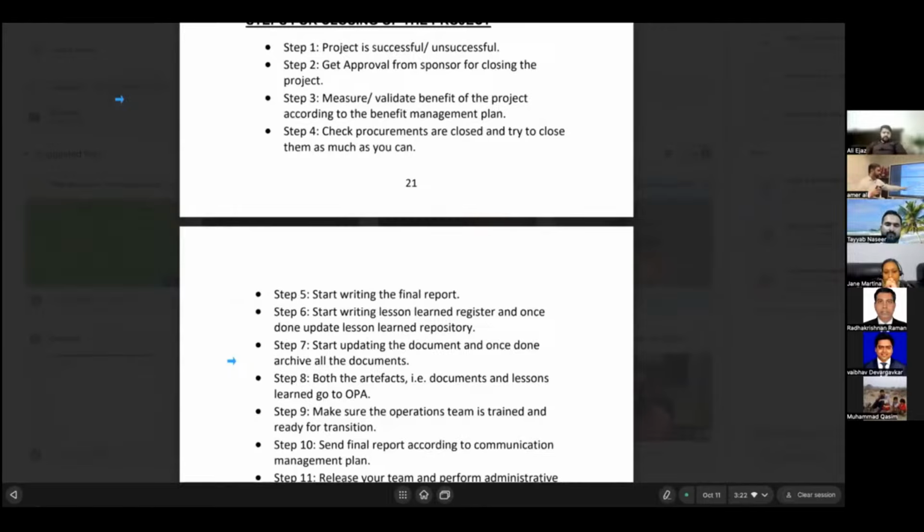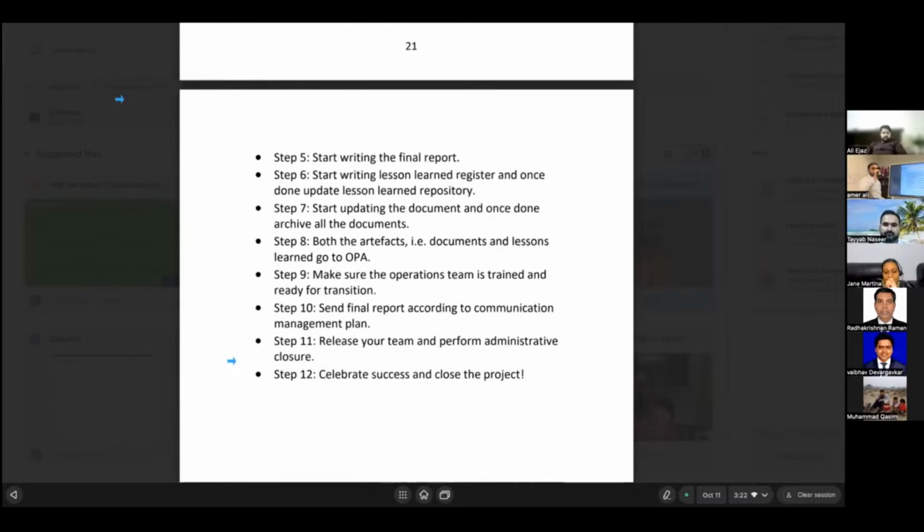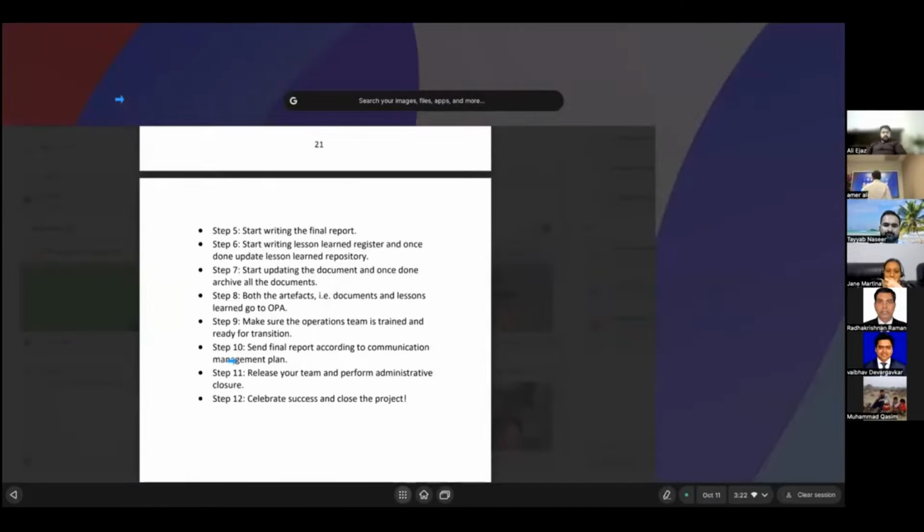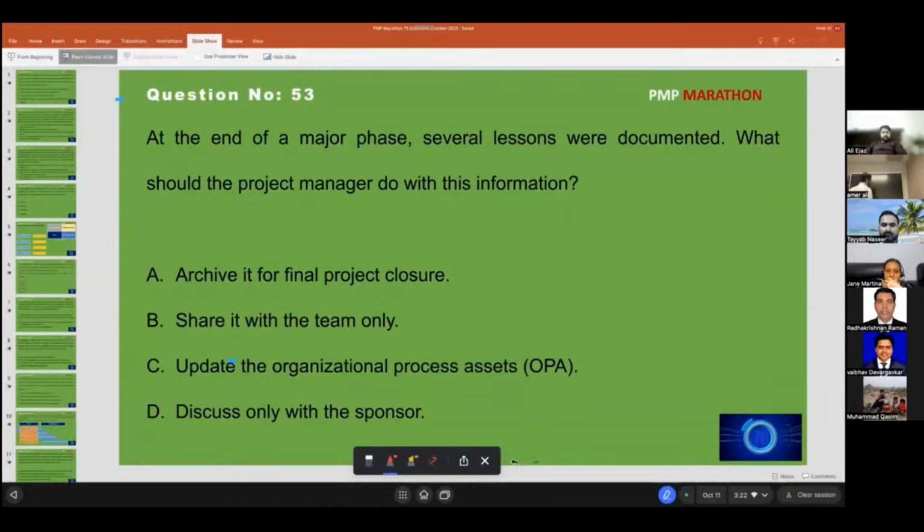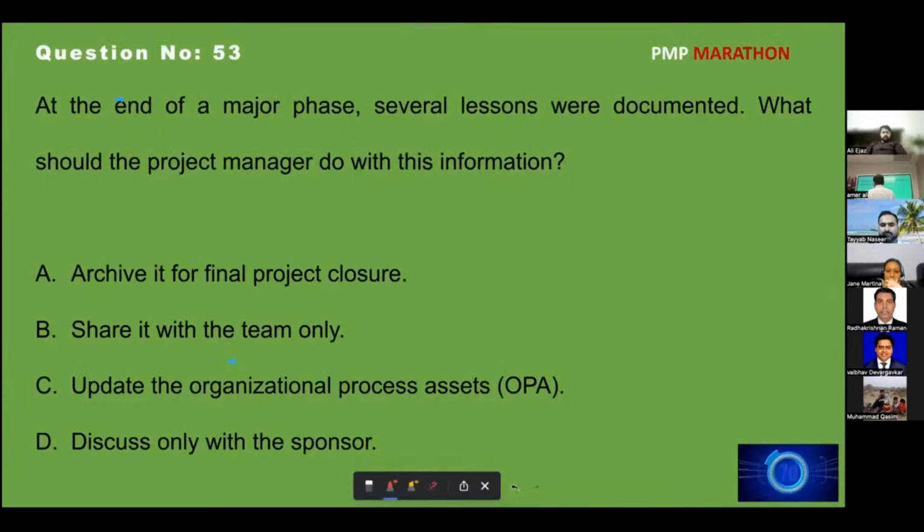Start updating documents and artifacts. That was the answer, step 8. Update the OPAs.